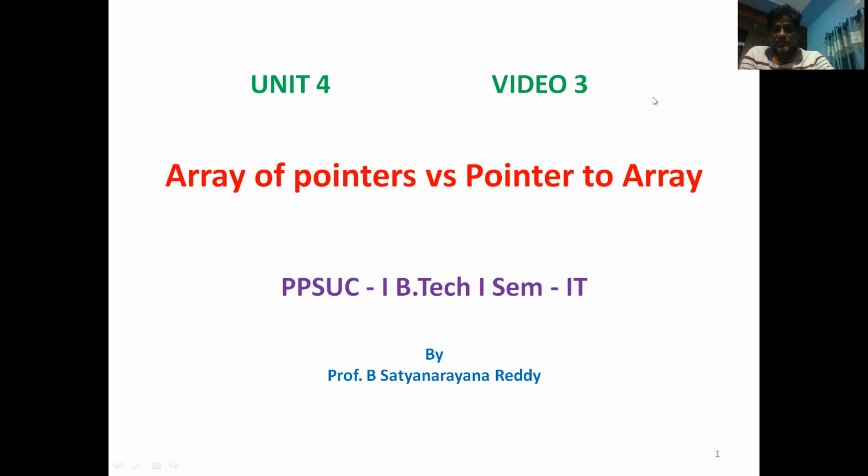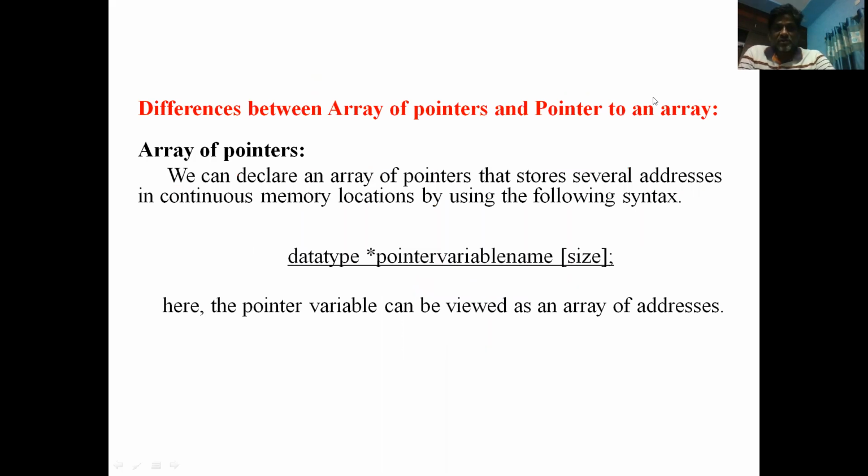Let us begin with the concept of array of pointers. We know that an array is a collection of similar data types. Now we have represented arrays of values only, but we can create an array of pointers also.